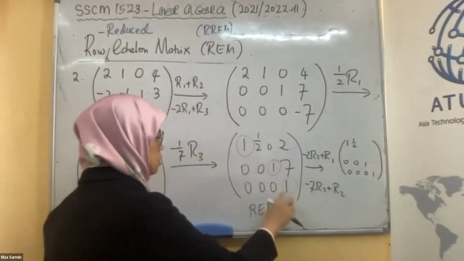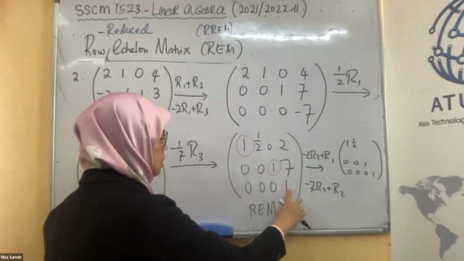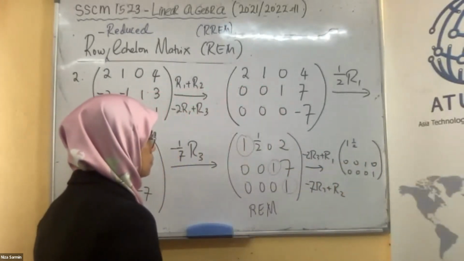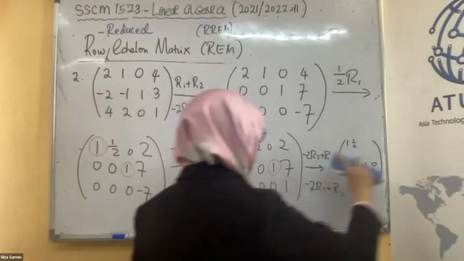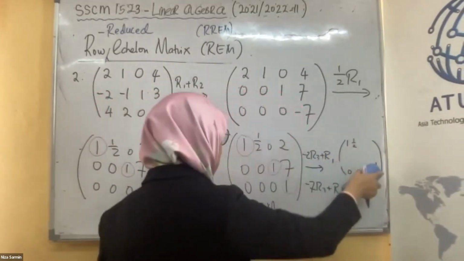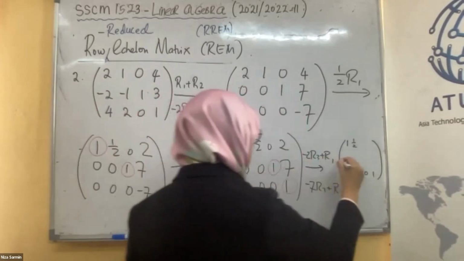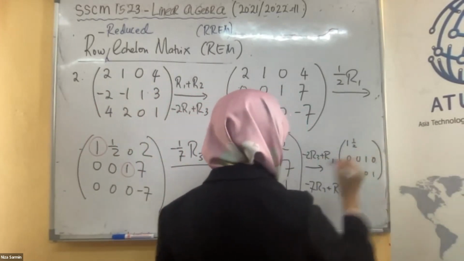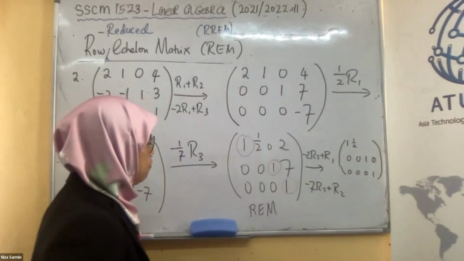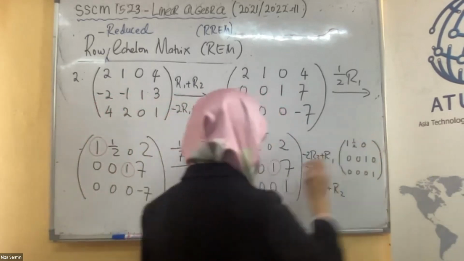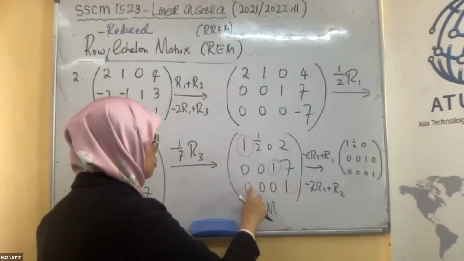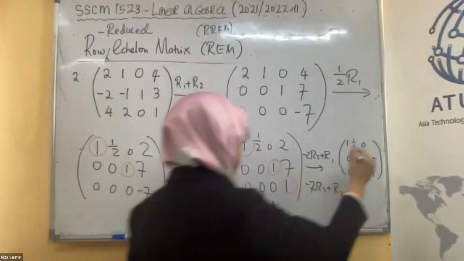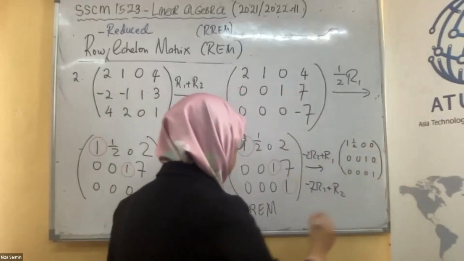But these are all already 0. You just add -7 plus, one and a half, 0, and -2 and add 0.